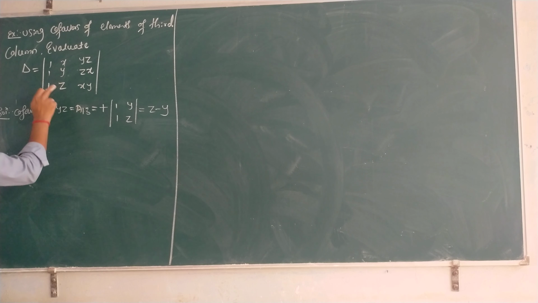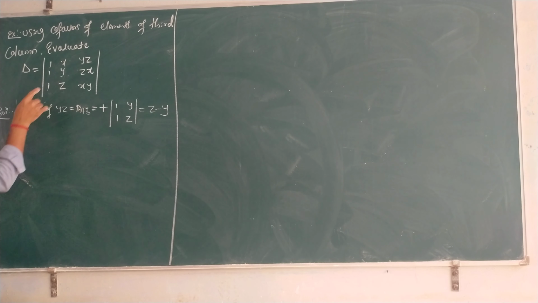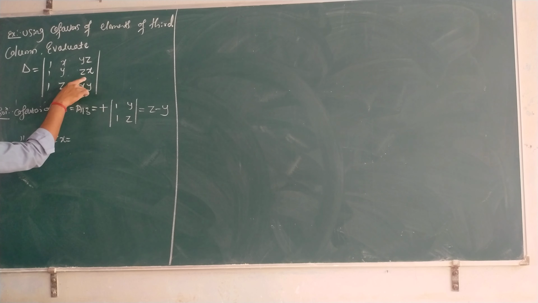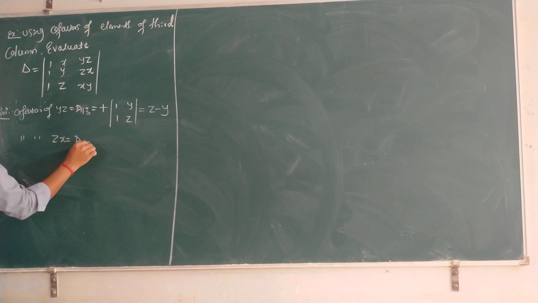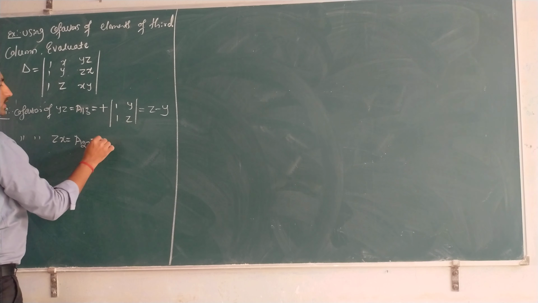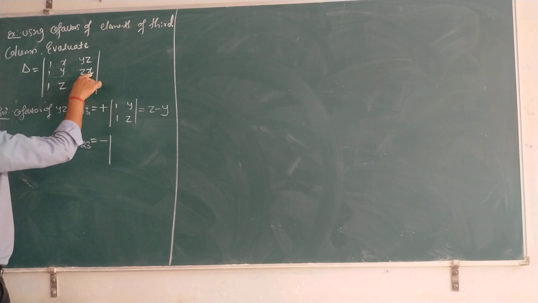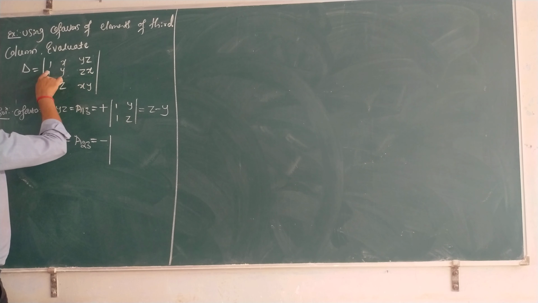Cofactor of the third column means cofactor of zx, which is the place a23, capital A23. Plus minus: this value becomes this row and this column. What are the columns?